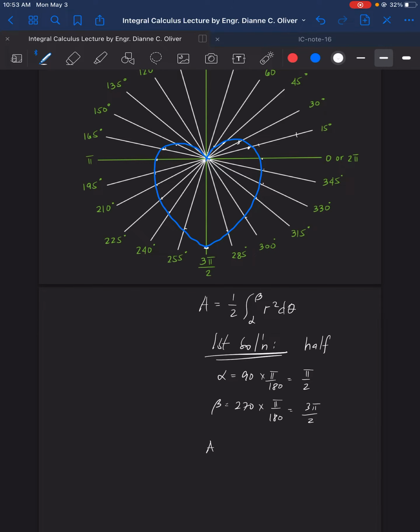Therefore, the area is equal to twice one half of the integral of a(1 minus sine theta) squared d theta, alpha pi over 2, beta 3 pi over 2.